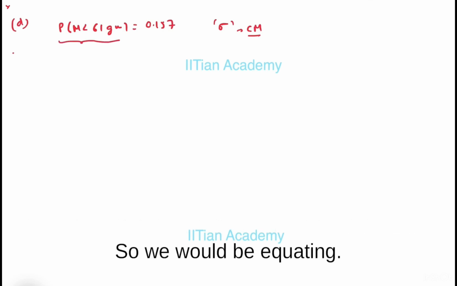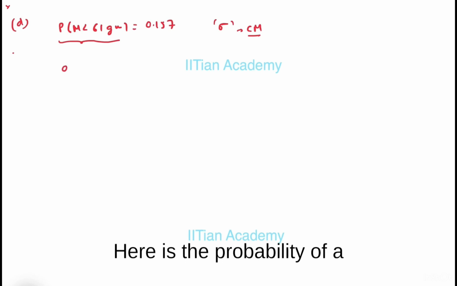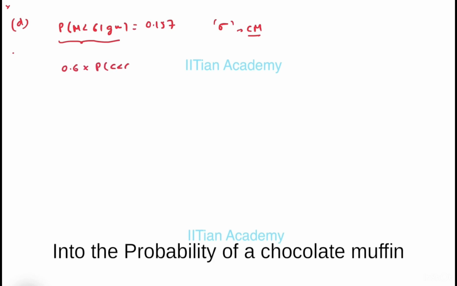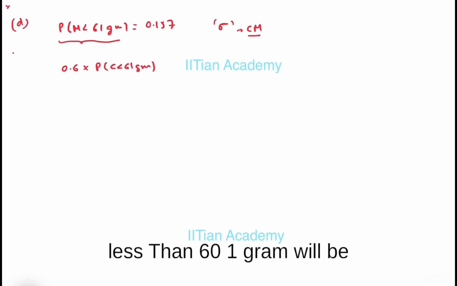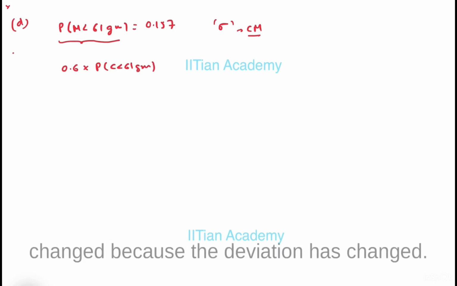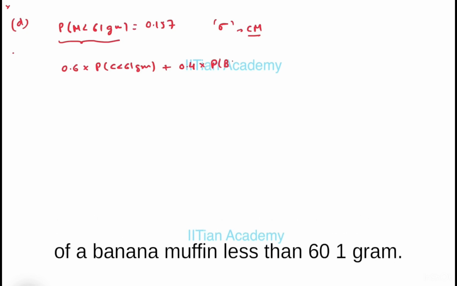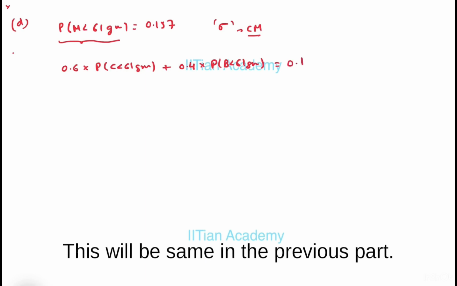So we would be equating the probability of a chocolate muffin, 0.6, into the probability of a chocolate muffin less than 61 gram, which will be changed because the deviation has changed, plus the probability of a banana muffin into the probability of a banana muffin less than 61 gram. This will be the same as in the previous part.